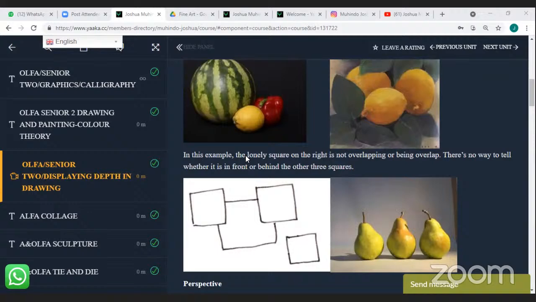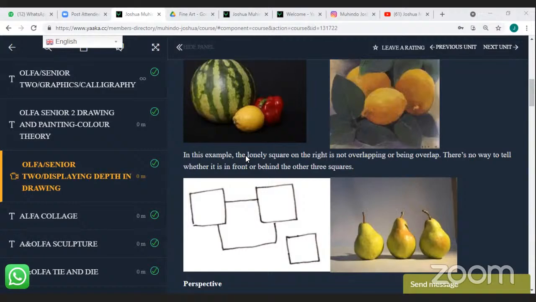In this example, the lonely square on the right is not overlapping or being overlapped. There is no way to tell whether it is in front or behind the other three squares.